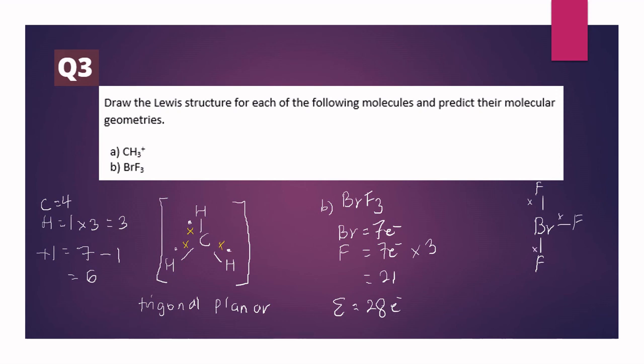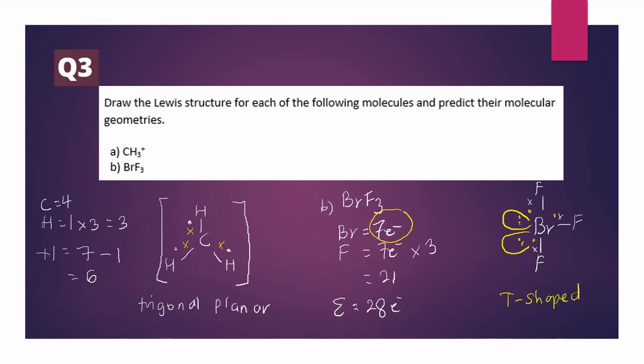Bromine should have 7 electrons. So in this case we have 1, 2, 3. So another 5, another 2 here, and another 2 here. So the molecular geometry is T shape.